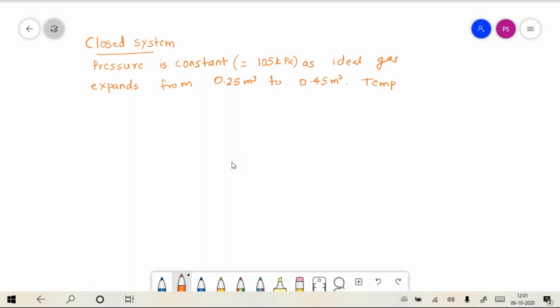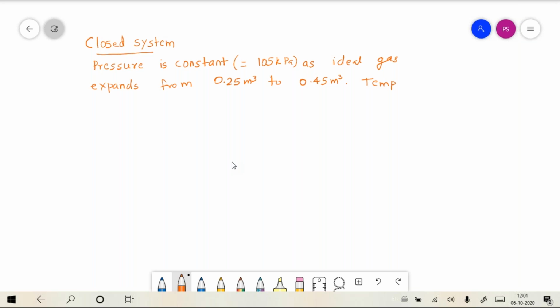So what I have written is that we are talking about a closed system where the pressure is constant at 105 kilopascals, and we are considering an expansion of the gas from 0.25 cubic meters to 0.45 cubic meters, and the temperature increases from 283 Kelvin to a higher temperature, 513 Kelvin.